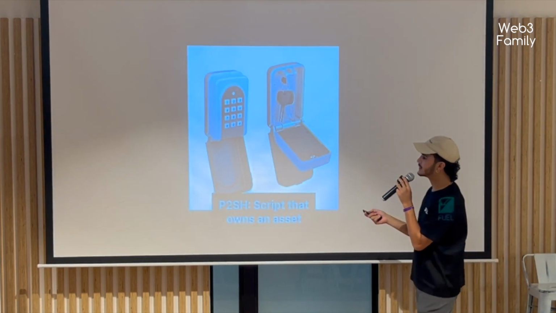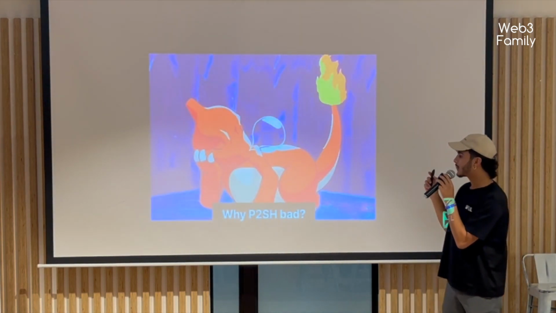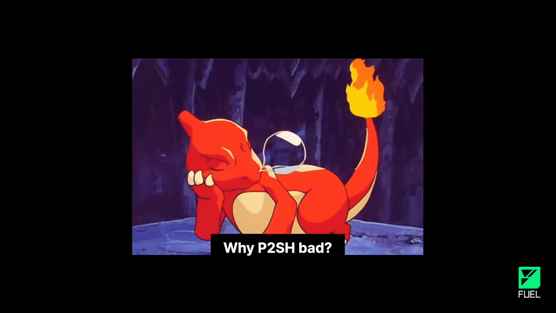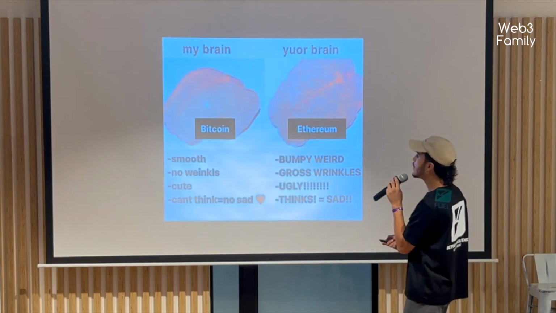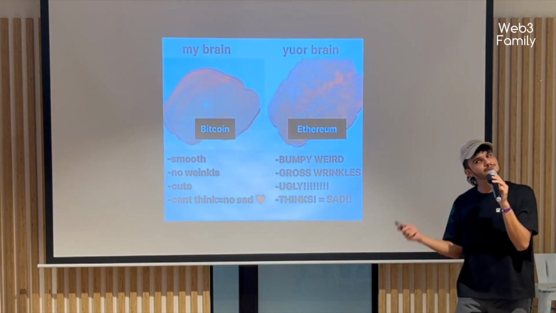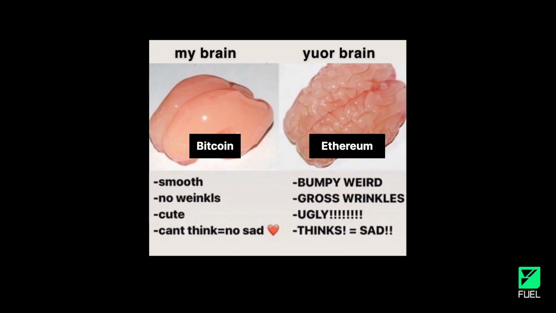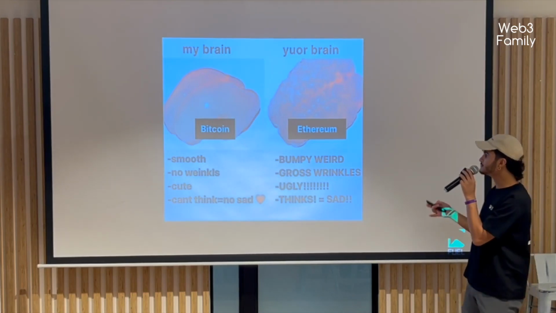So what is the issue behind pay-to-script hash, and why is it not widely used right now? Well, because Bitcoin is not as powerful. You just have the Bitcoin script, you don't have an expressive and powerful VM.